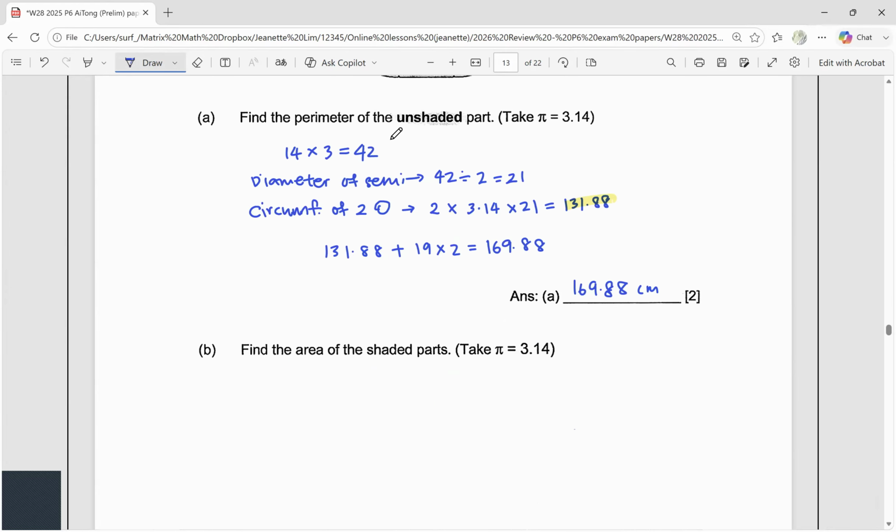So let's find the area of a quadrant first. The quadrant is 1/4, so 1/4 times pi, 3.14, times radius 14 squared. This is 153.86.